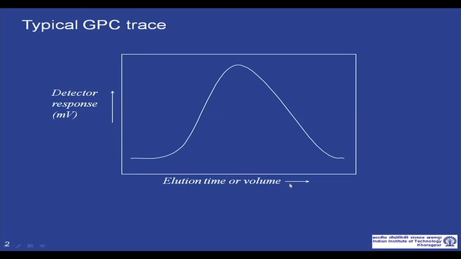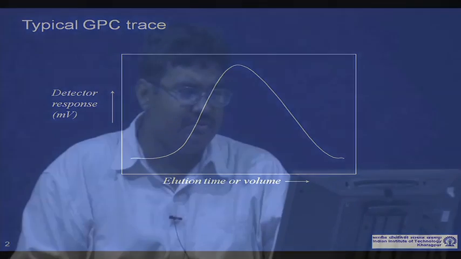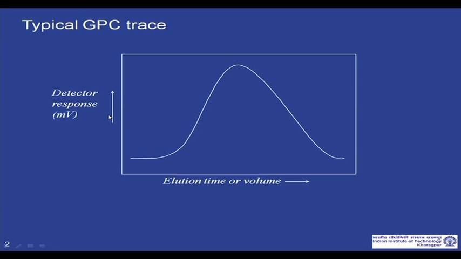Now, this is the last slide we had stopped at in the last lecture. This is a typical GPC trace, where on the y axis you have detector response, and on the x axis you typically have elution time, which can easily be converted into elution volume.